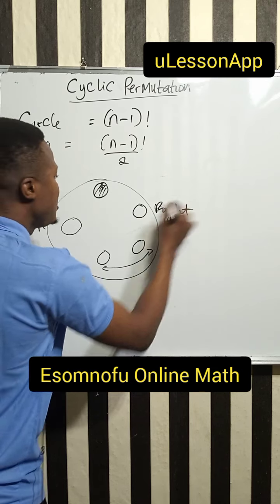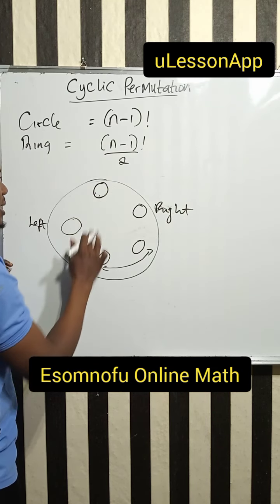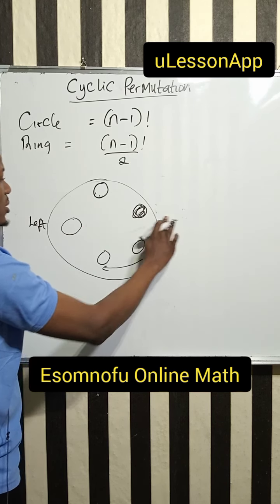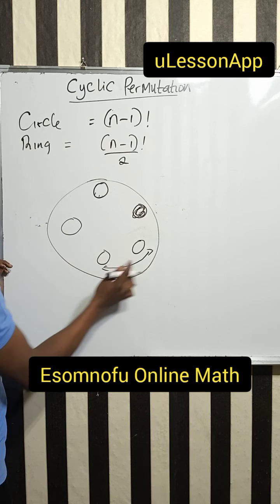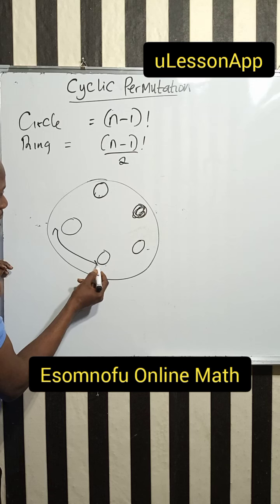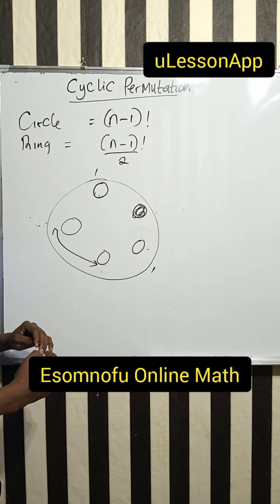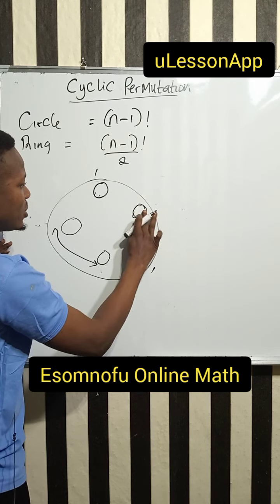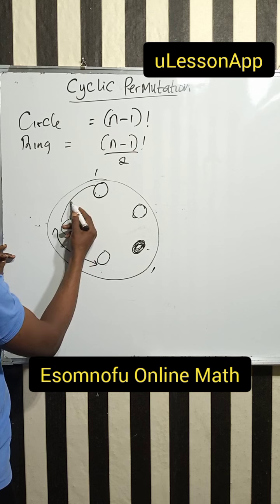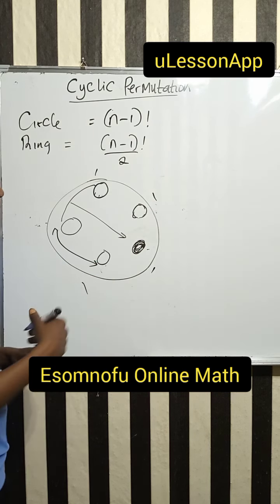If he decides to sit at another position, he will still have 2 persons in front of him, one at the right and one at the left. If he leaves this position and sits here, 2 persons will still be facing him, one at the right and one at the left.